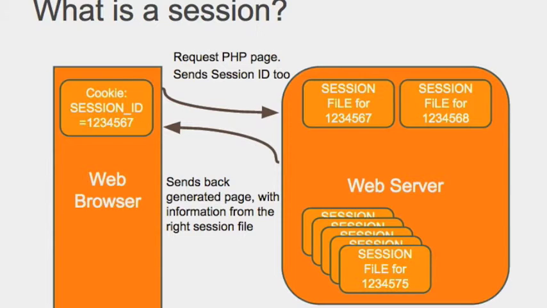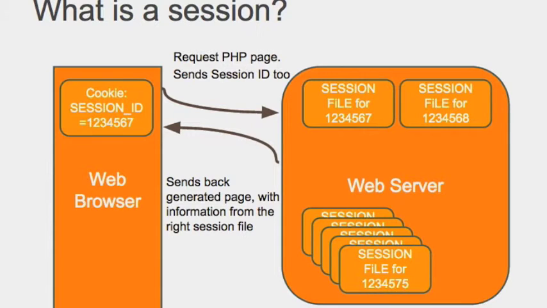So it is a space for continuity of information between different page requests. Remember, a web application isn't like a constant connection. It's a single request and a single response. There's no backwards and forwards using PHP.